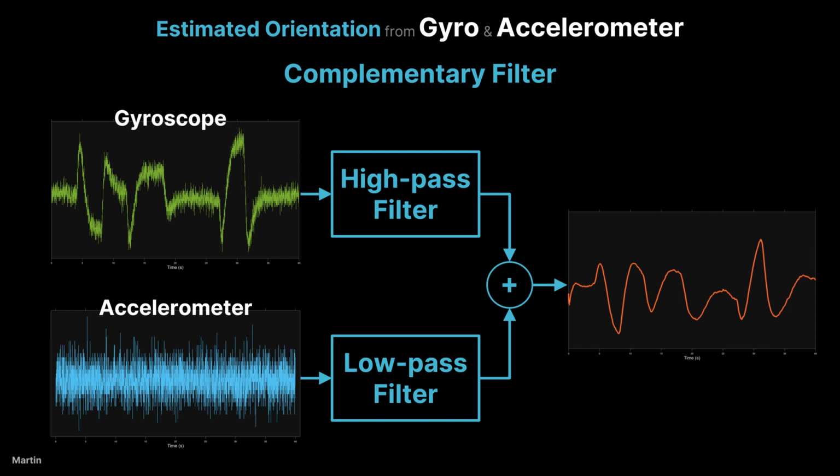Therefore, a low-pass filter is applied to the accelerometer data, allowing it to contribute reliable long-term information while filtering out rapid fluctuations. The complementary filter blends these two filtered signals, high-frequency data from the gyroscope and low-frequency data from the accelerometer, to produce an orientation estimate that is both responsive and stable.